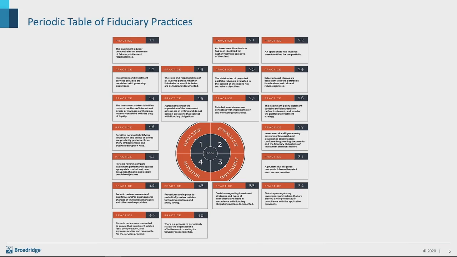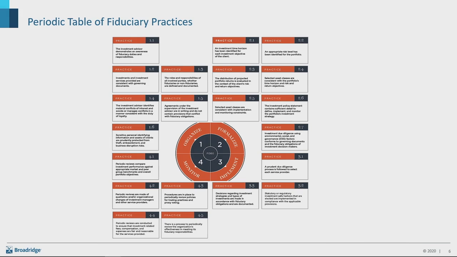And the steps that you see in the center of this graphic here are consistent with global ISO 9000 quality management system standards, which really emphasize this notion of continual improvement around your decision-making process. I'll just give you a little bit of a highlight around the four steps. So step one is organizing around the client engagement, making sure that you have all of the relevant information that is related to that particular client situation.